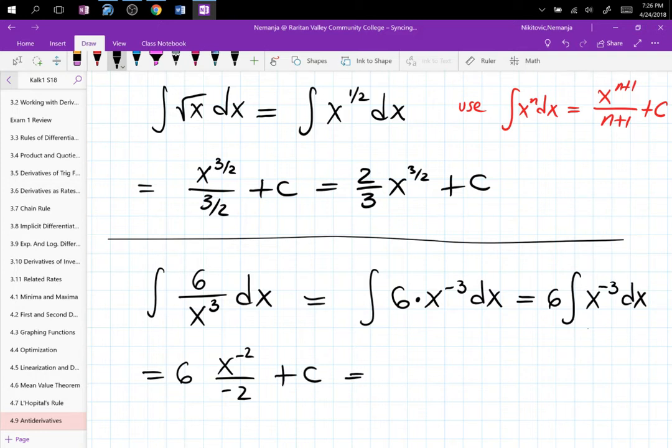And now this becomes negative 3 times x to the minus 2 plus c. And the total is negative 3 over x squared plus c. Now the idea is to go from start to finish in one step by the end of Calculus 1.